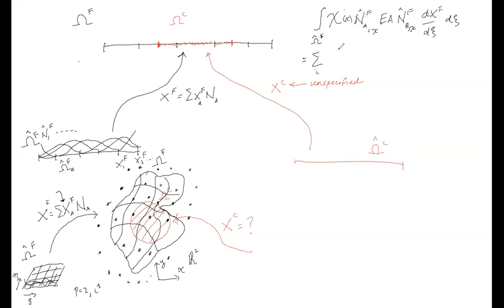So let's say we have N_Q quadrature points defined over this region. There's a whole bunch of points defined over here. We're going to sum over them, and then we're going to evaluate the indicator function at x of xi_i, where xi_i is one of the quadrature points. And then we're going to evaluate our basis function.